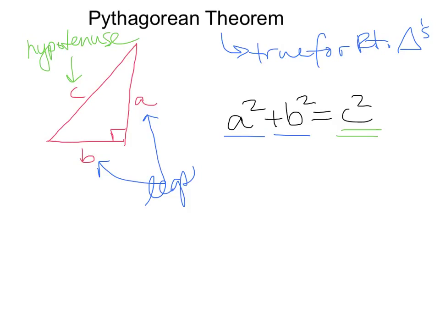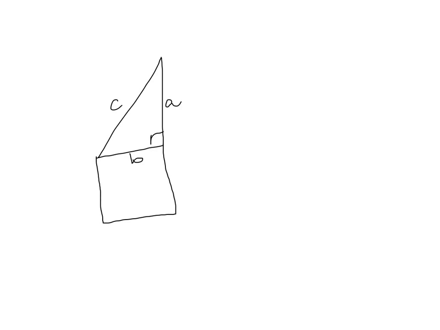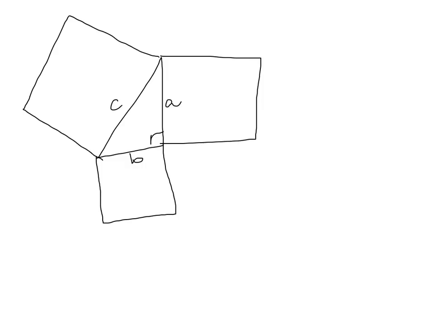Let me give you a little more background. If I have my right triangle, geometrically, if I drew a square off of every side of that triangle, the area of this square is B squared, the area of this square is A squared, and the area of this one is C squared.